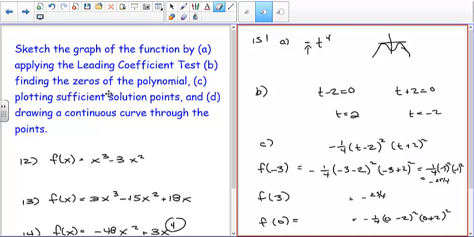If they have even multiplicities, you touch the x-axis. By looking at the end behavior and the x-intercepts, you can usually judiciously select values close to the intercepts or between the intercepts or zeros. And then once you have those extra points, you can draw an estimate of the continuous curve through those points.